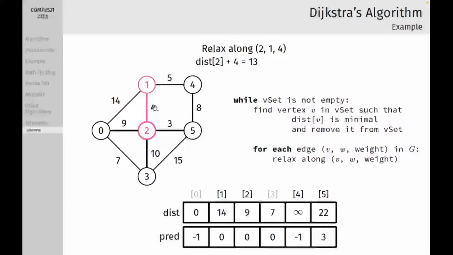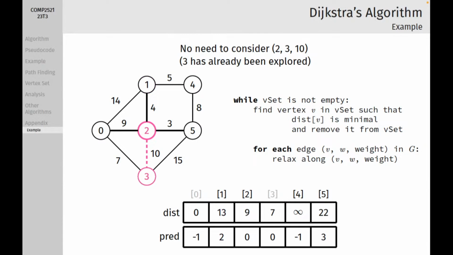The current shortest distance to 1 is 14, which is what we've stored in our distance array. Since 13 is smaller than 14, we update the distance to 13, and we also update the predecessor to 2.